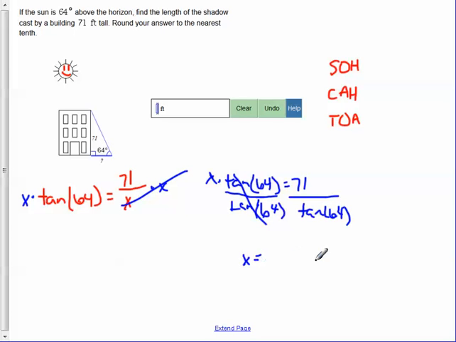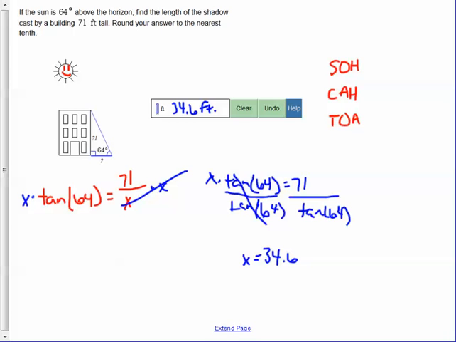Then when we punch that into our calculator, 71 divided by the tangent of 64, we get 34.6 when we round. So x equals 34.6, which means that shadow is 34.6 feet long. So we can use those trig ratios to solve a real world problem like this as well.